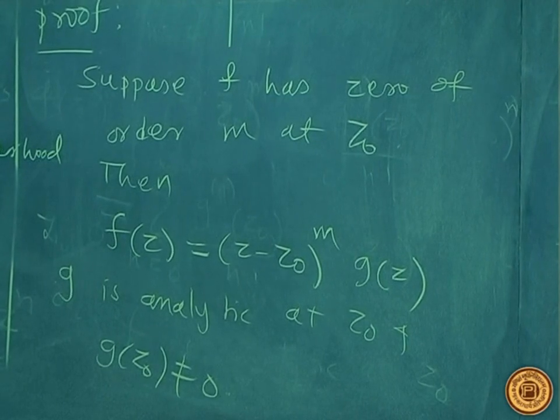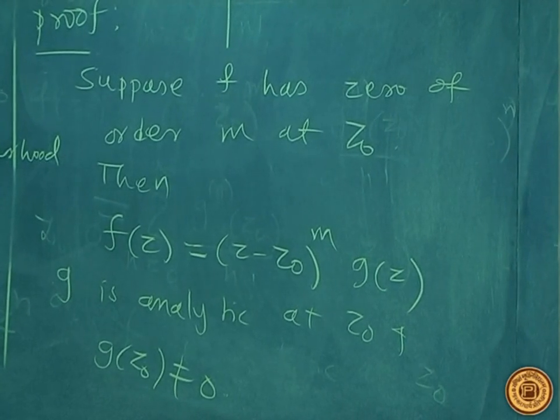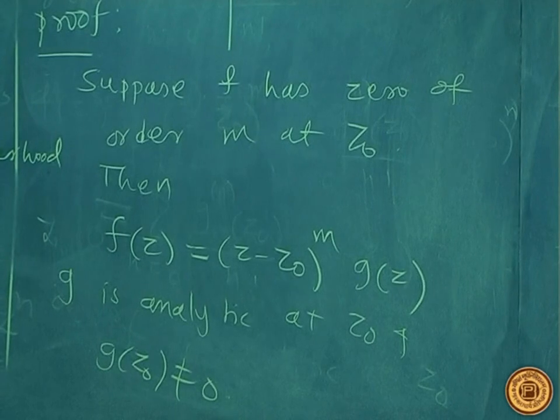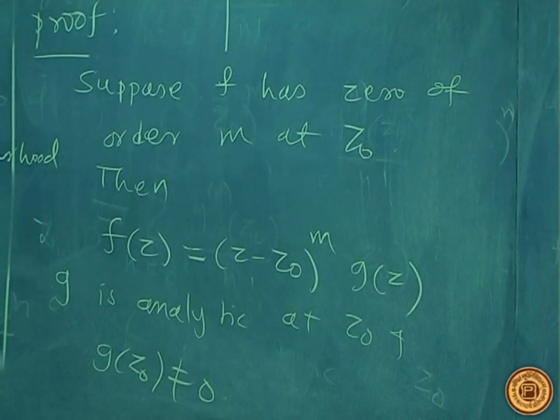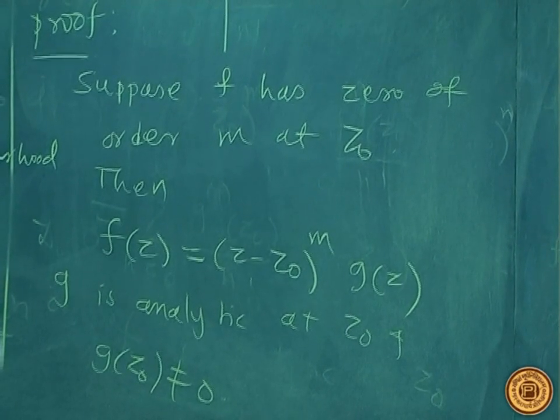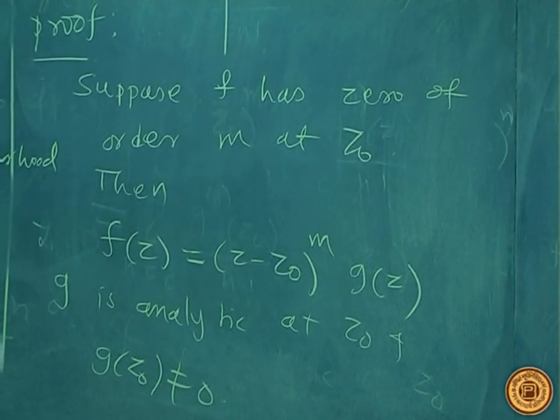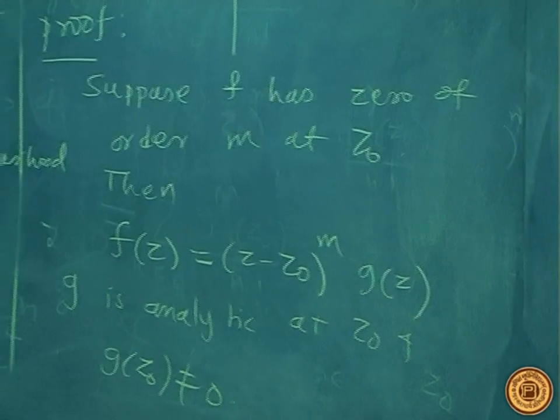The absolute value will be strictly positive, and you can choose delta such that in the delta neighborhood the absolute value remains strictly positive. This is a property of continuous functions.